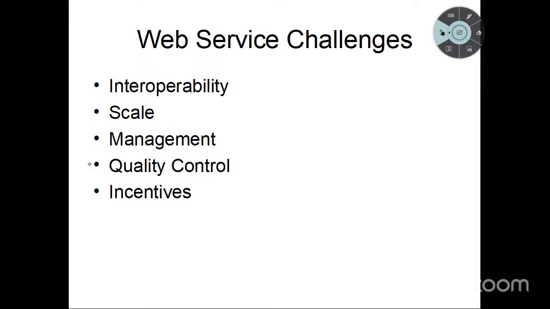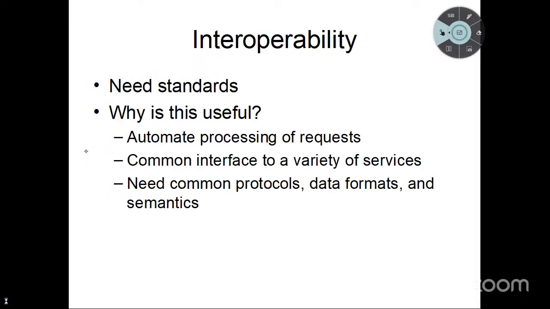These are the challenges for a web service. Interoperability is basically used for automating the processing of requests.